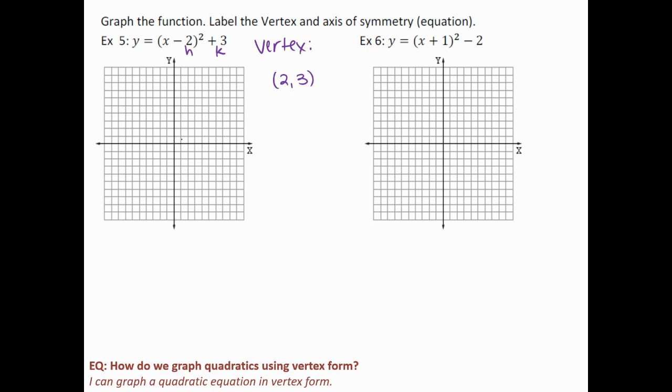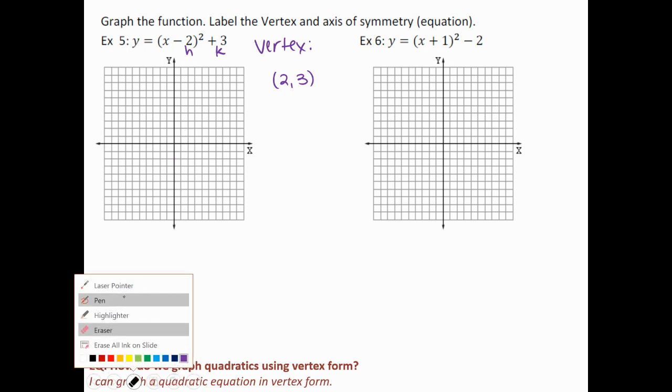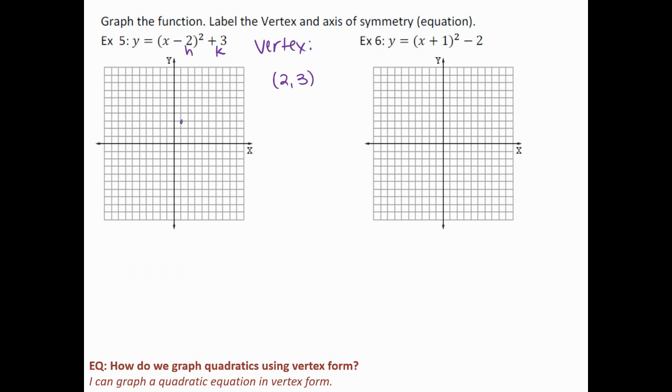So I'm going to go ahead and put that on my graph. Over 2, up 3. Whoopsie, up 3, not 2. Over 2, up 3. Fantastic. And then that is also where my axis of symmetry is going to go. So axis of symmetry is based on the vertex.